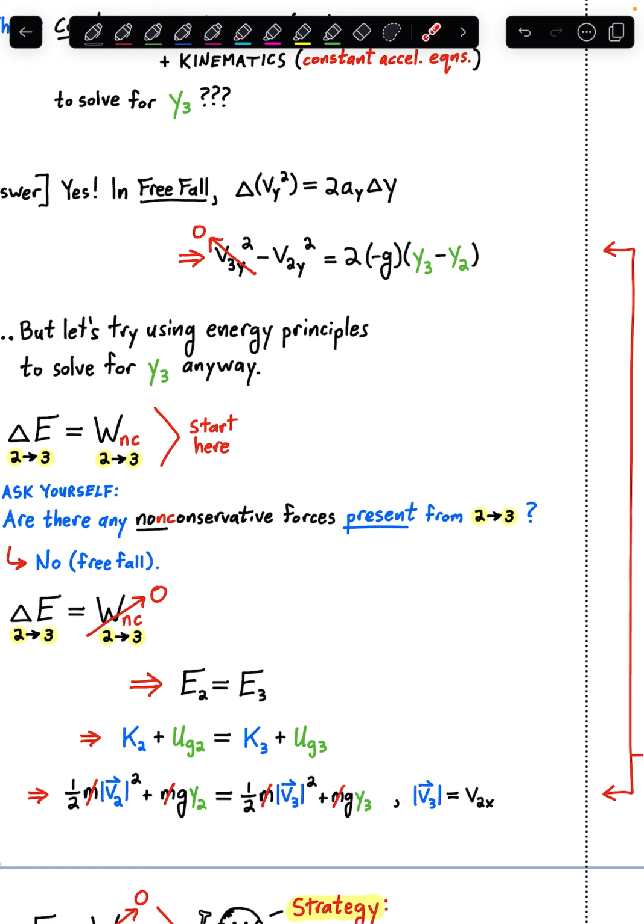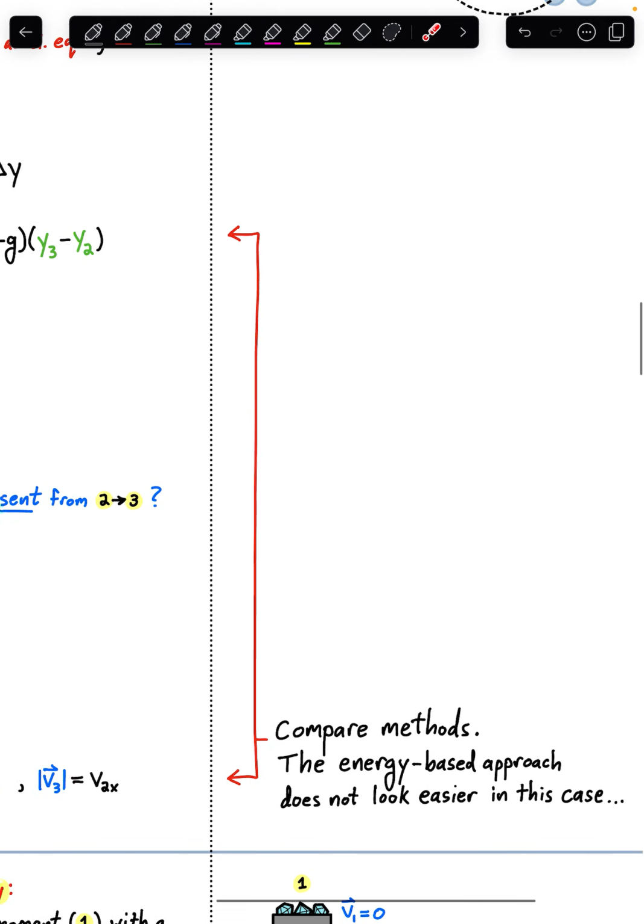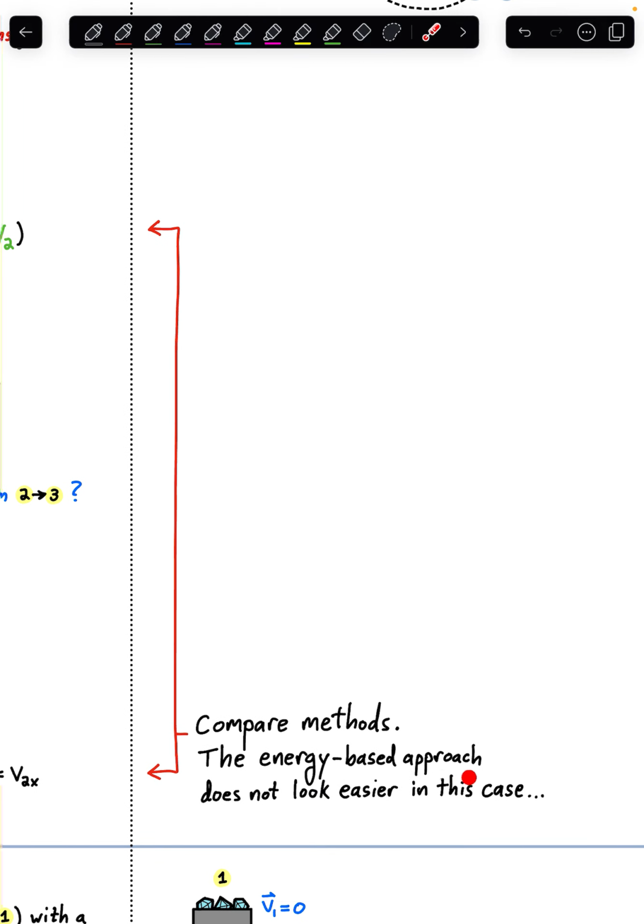It's got fewer terms. It'll be easier to rearrange to get y3 by itself. So if either one of these equations works to solve for y3, we're going to prefer the simpler one. That'll be less effort for us. We're going to prefer the kinematics approach, even though the energy approach would work as well. The energy-based approach doesn't look easier in this case.